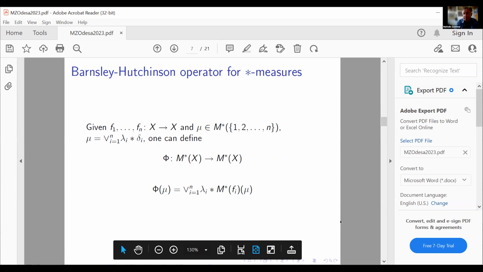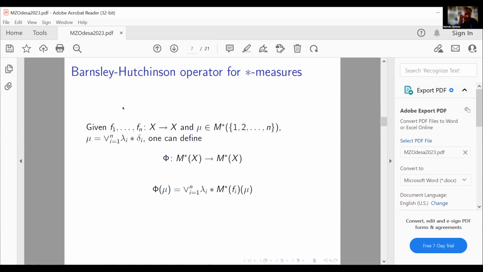It turns out that, similarly to the case of probability measures, one can define the so-called Barnsley-Hutchinson operator for star measures. It works as follows.